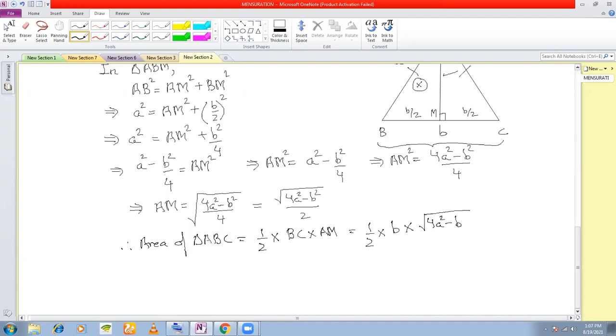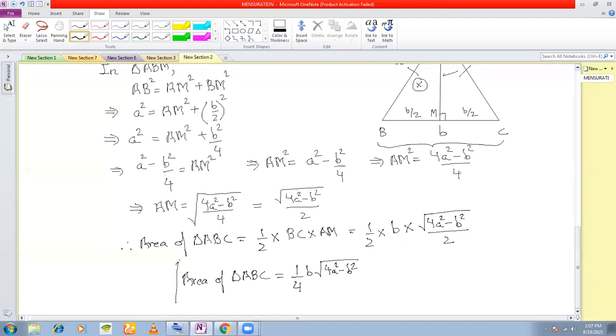Root of 4a square minus b square divided by 2. So therefore, area of triangle ABC you can now write as 1/4 b root 4a square minus b square.